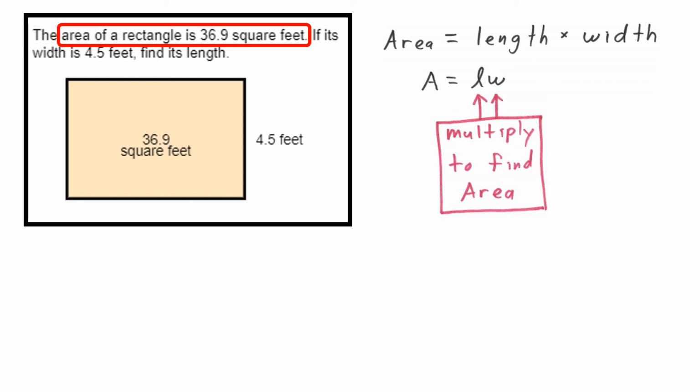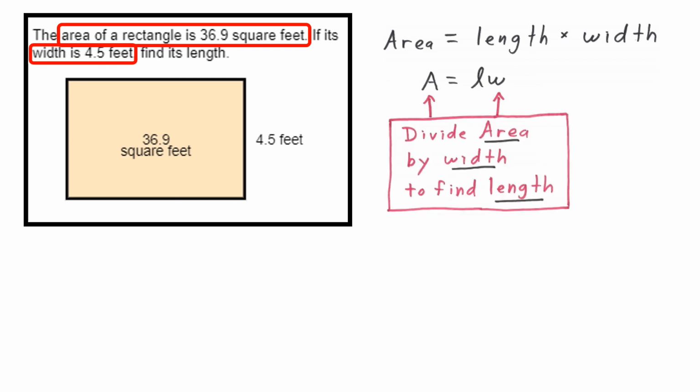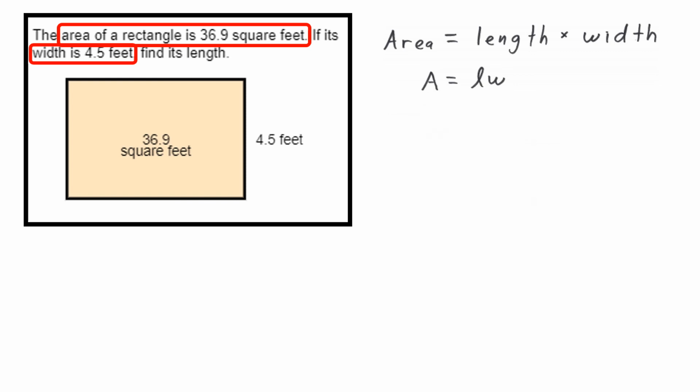Instead, we're given the area. So we're in this situation where we know the area and the width. So we'll need to divide the area by the width to find the length. Let's fill in the equation with what we know. We don't know what L is, so we're going to just rewrite that down below.